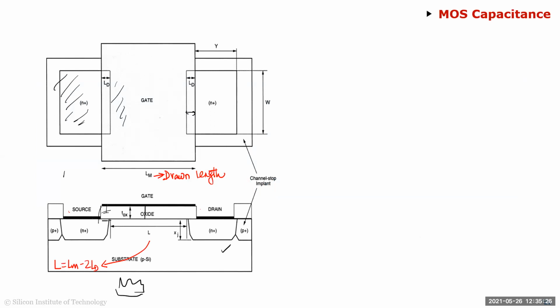Here I've shown you the layout and the cross section. This is the layout. That's your gate area, and that's your source and drain area. Remember when we were talking about processing the day before yesterday: you do diffusion, or ion implantation and annealing.